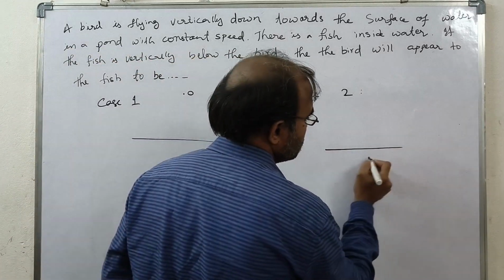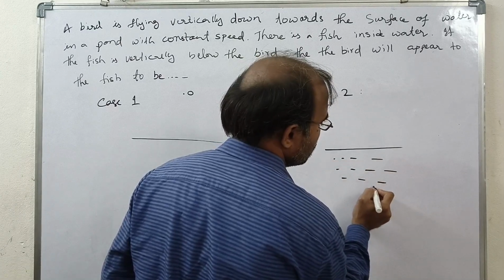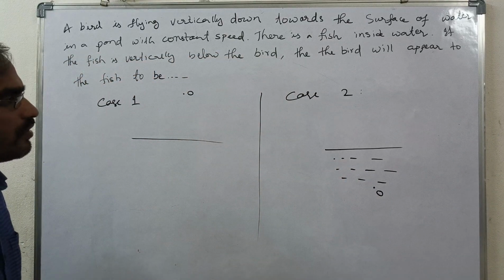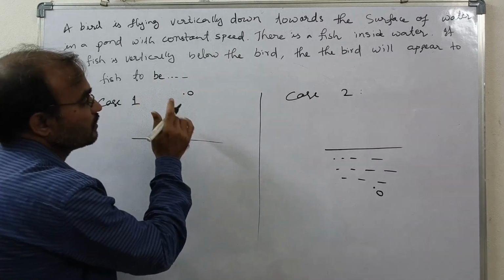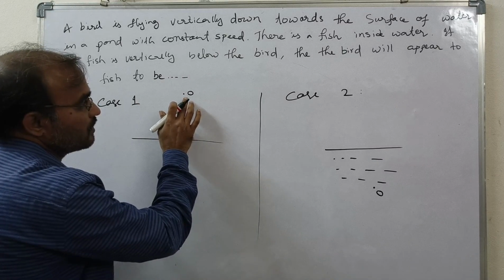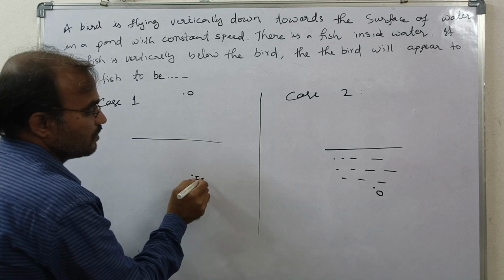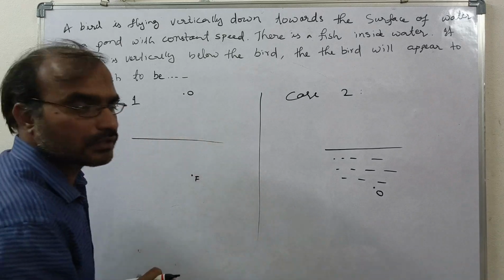Case 2: now there is an object in the denser medium. It is observed from the rarer medium. How will it appear? Right? It is a generalization of the problem. This is a generalization because the bird is in the air and the fish is here somewhere. The fish is observing the bird, the object.